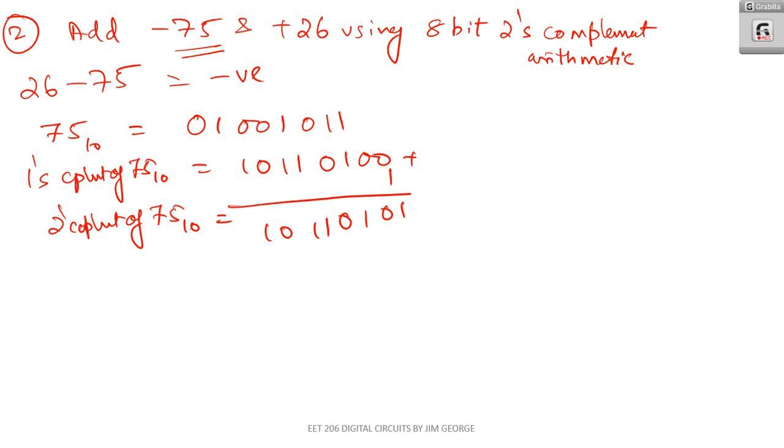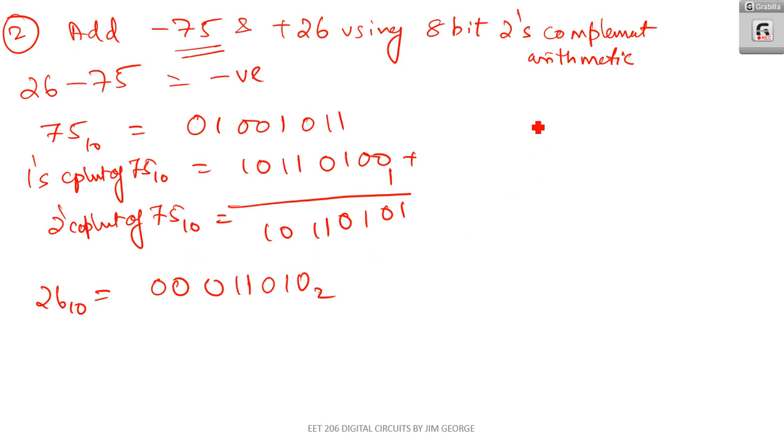Now take 26. So 26 to the base 10 you can directly convert into binary. In 8-bit form it is 0, 0, 0, 1, 1, 0, 1, 0 to the base 2. That conversion I am not showing. Now add these two: the binary of 26 and the 2's complement of 75.